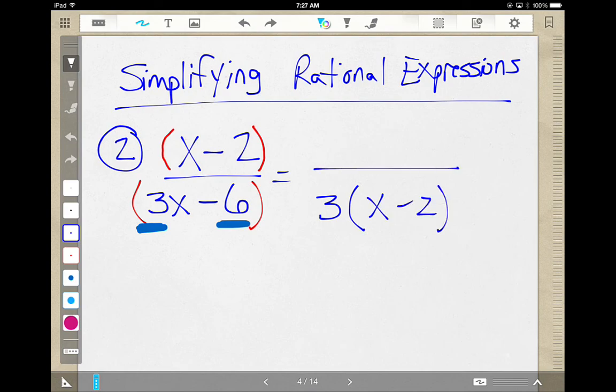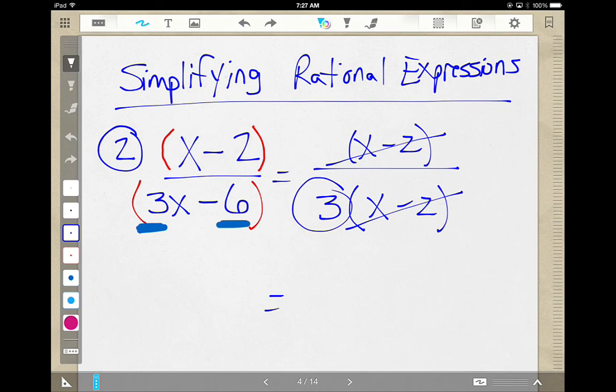And the numerator is still just x minus 2. Well, we're talking about factors. If the factors are the same, they can be eliminated because it reduces to 1. So now that I have 2 factors of x minus 2, this x minus 2 can eliminate with the denominator factor of x minus 2, leaving me just 3 in the denominator.